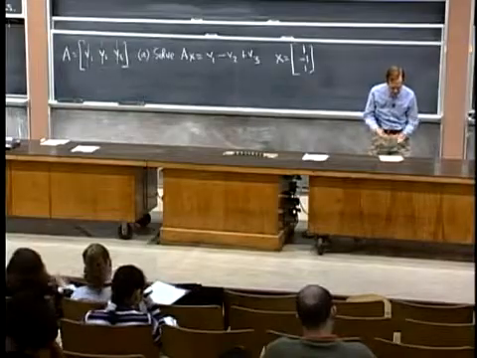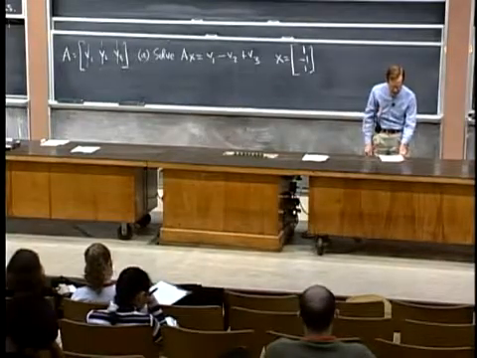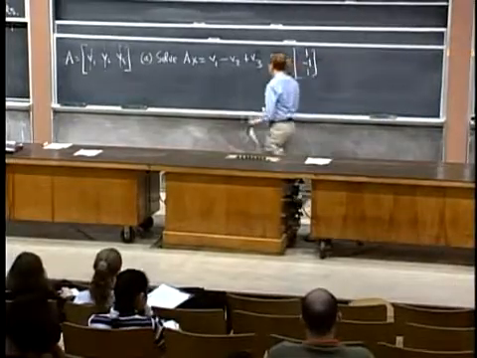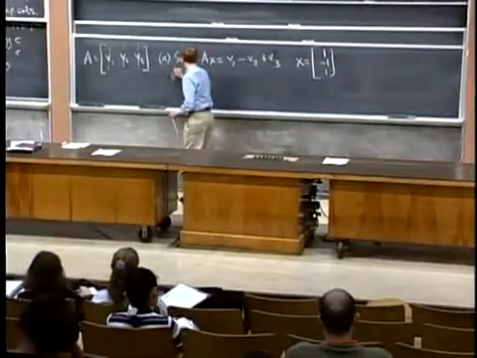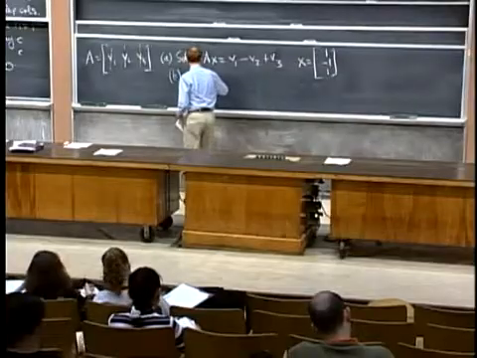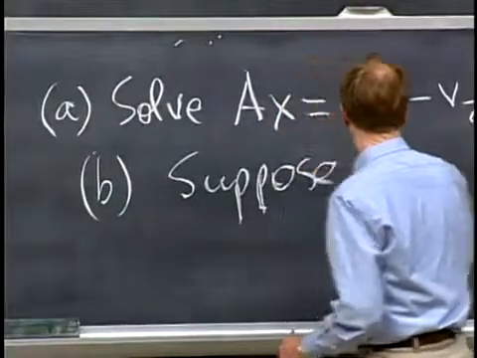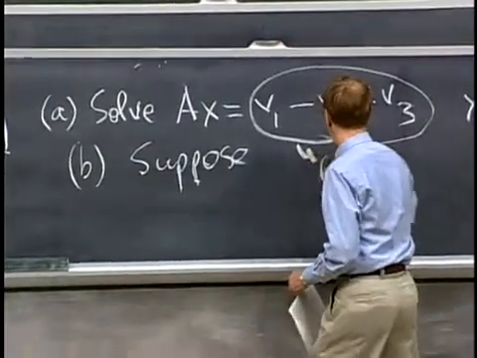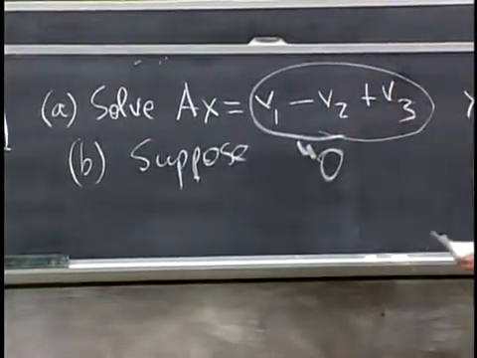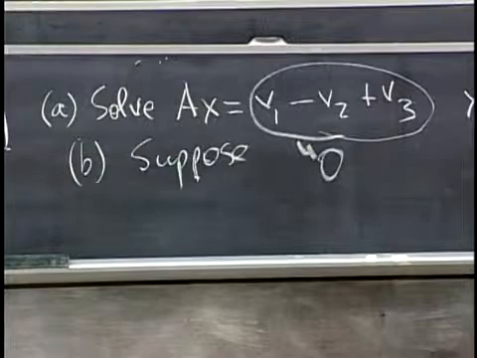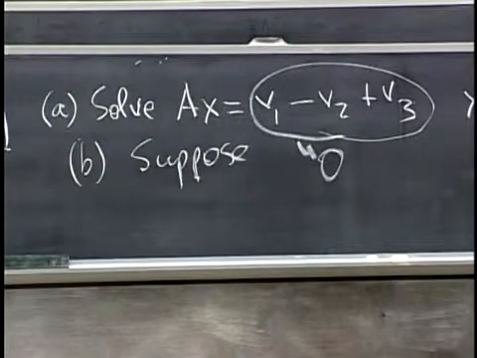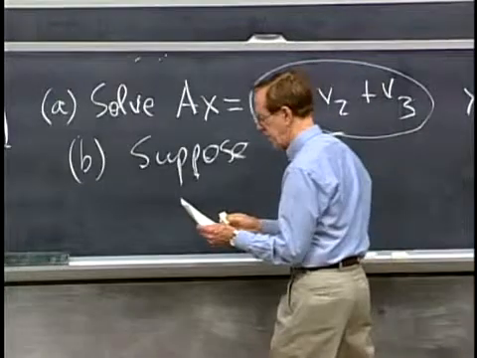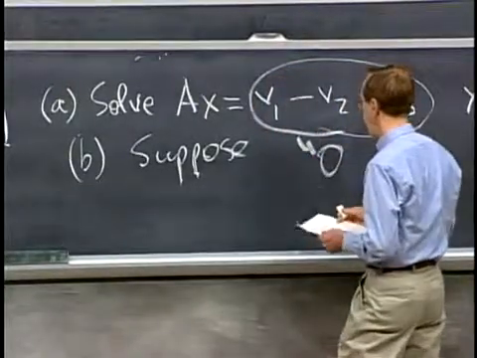Then the next question is, suppose that combination is 0. Oh, yeah. Okay. Part B says, suppose this thing is 0. Then the solution is not unique. I want true or false, and a reason.